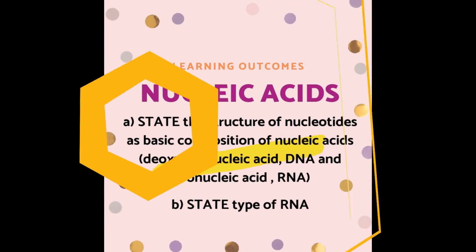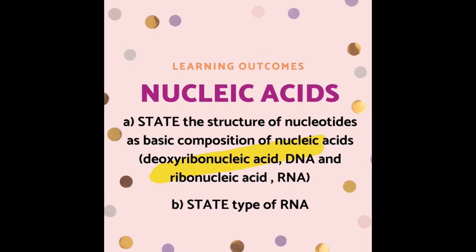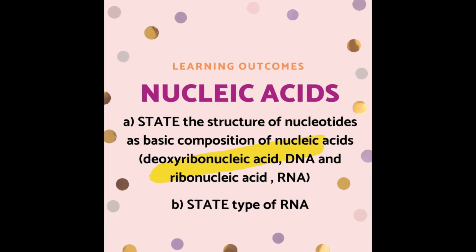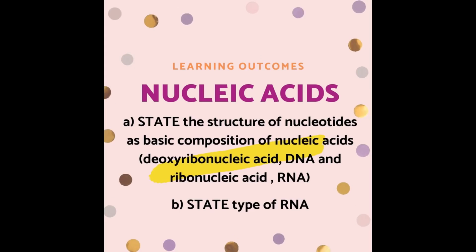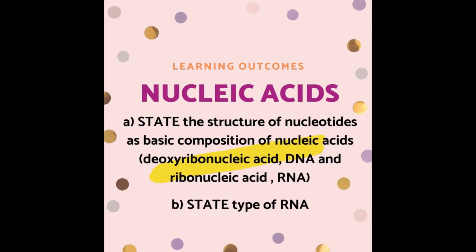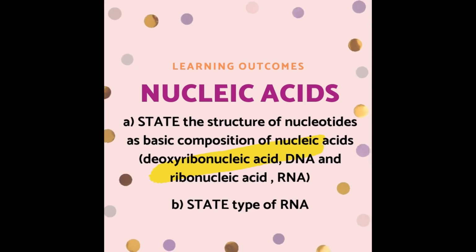The learning outcomes for nucleic acids are to state the structure of nucleotides as the basic composition of nucleic acids, which are deoxyribonucleic acid, DNA, and ribonucleic acid, RNA. The second one is to state the types of RNA.